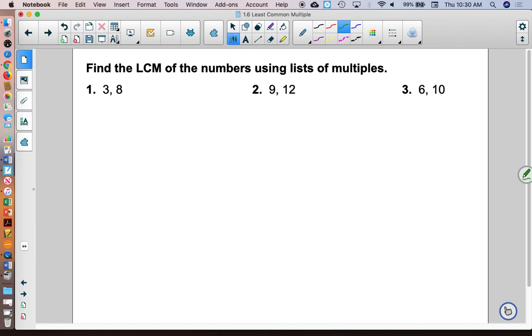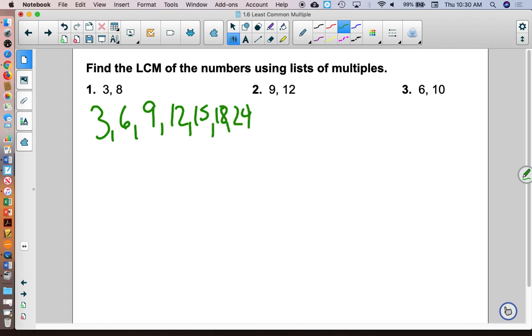Interesting. As I walk around, I'm seeing two numbers emerge as the LCM, and I know that can't be. I've got to have the smallest one, the lowest, the least. Okay, Brett, tell me the list for the multiples of 3. 3, 6, 9, 12, 15, 18, 21, 24. 8, 16, 24.